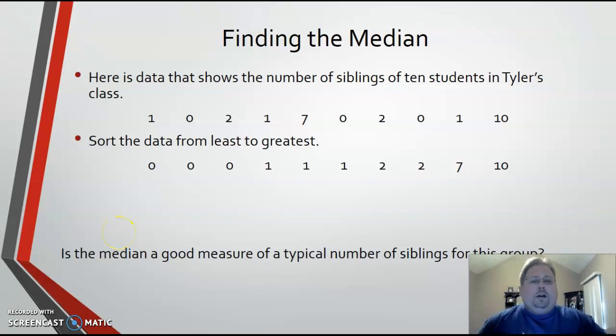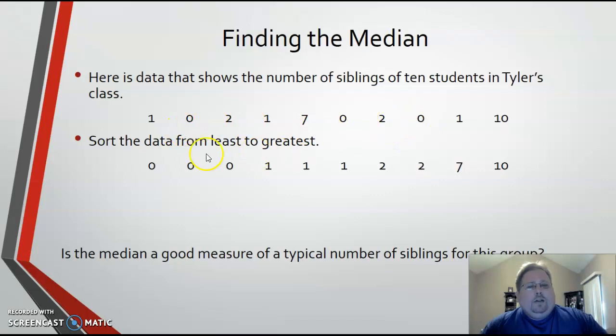Before we can find the middle of a data set, we have to put it in order from least to greatest. So Tyler had asked 10 students in his class how many siblings they have. And these are their answers. There are some that have quite a few siblings and some that have none. So we need to sort this data from least to greatest.